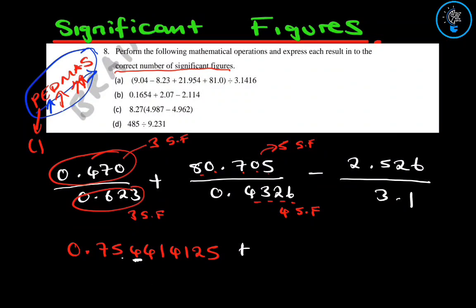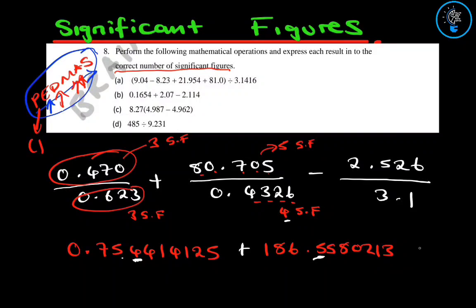Now let's punch that into our calculator: 0.705 divided by 0.4326. 186.5580213 will be our solution. But we need to ensure the number of significant figures is the same as the factor with the lowest significant figures, which is the bottom one. So it must be 4, and we end there.